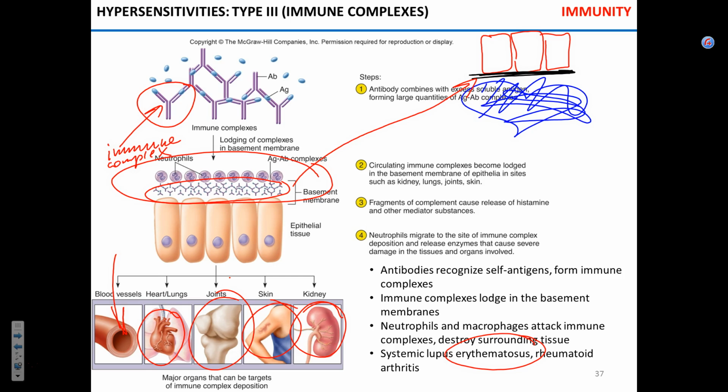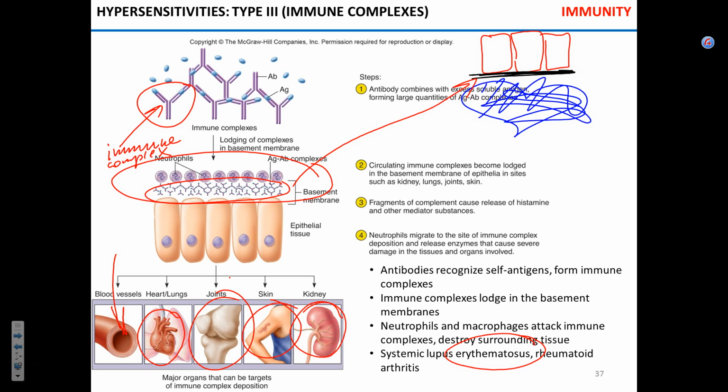And then, what are the treatment options for autoimmune disease? Steroids, or anti-inflammatory drugs, and in severe cases, specific immunosuppressants. Steroids will do just that.